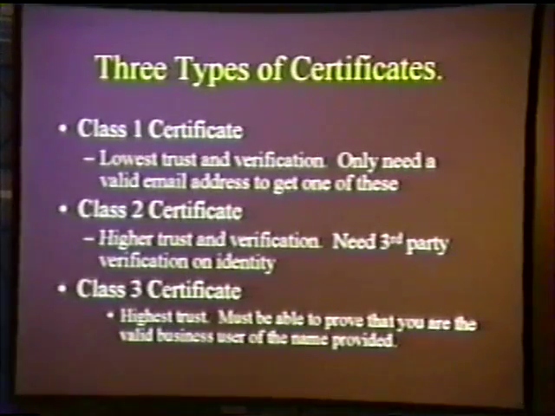But if the cert is issued off a Class 2 CA, then that's a stronger degree of assurance that the person is who they say they are, or the machine is who it is. And then it goes up from there, Class 3 and then Class 4. And Class 4 VeriSign is not used.